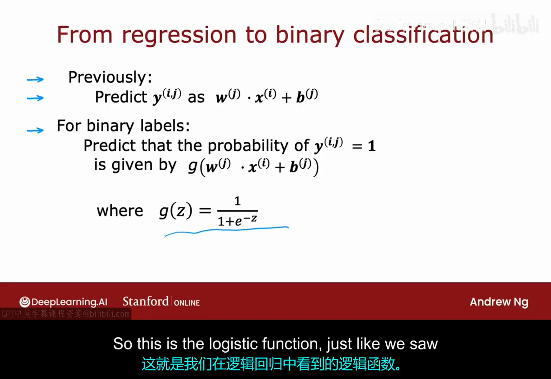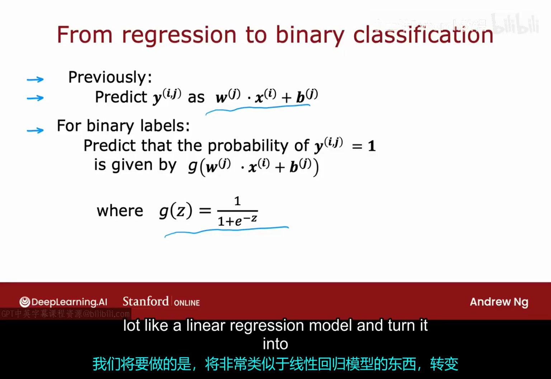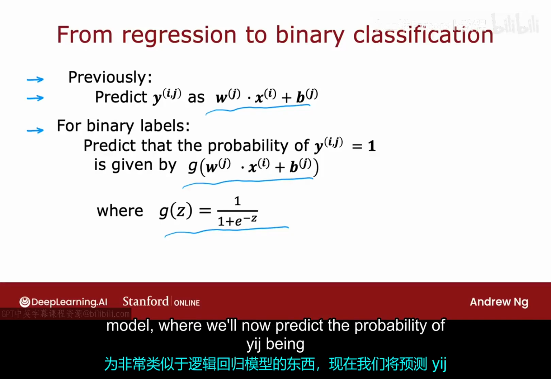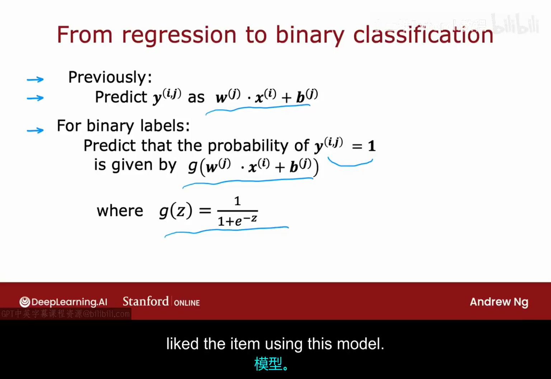So this is the logistic function just like we saw in logistic regression. And what we would do is take what was a lot like a linear regression model and turn it into something that will be a lot like a logistic regression model, where we'll now predict the probability of Yij being 1, that is, of the user having engaged with or liked the item using this model.